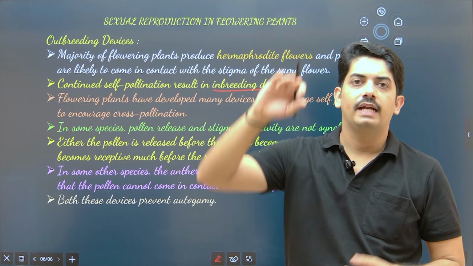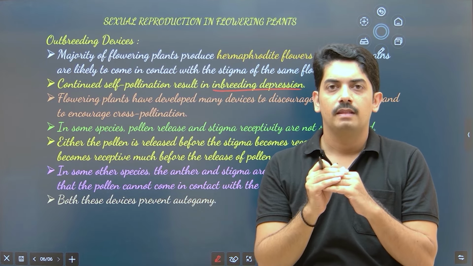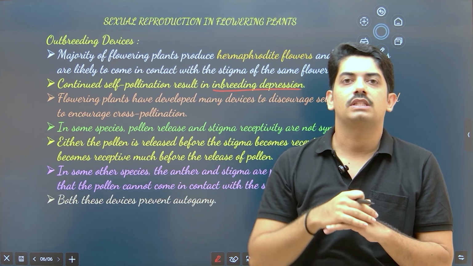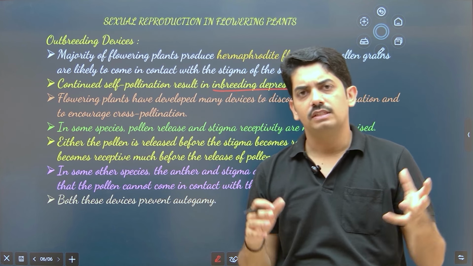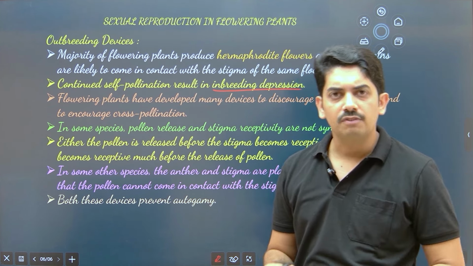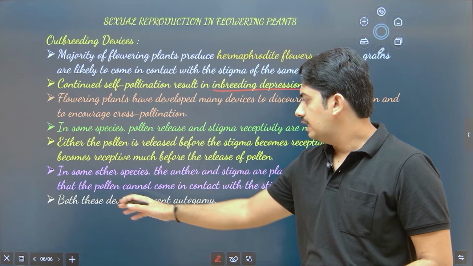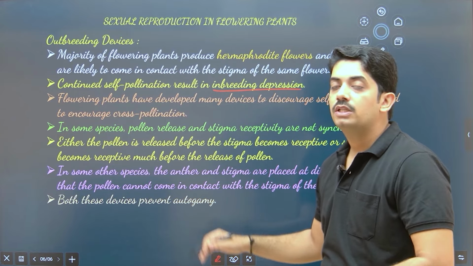Anther is long and stigma is short, and in between there will be a physical barrier. Then pollen grains cannot dust on the stigmatic surface. So this is how they discourage self-pollination and encourages the cross-pollination. Both these devices prevent autogamy.